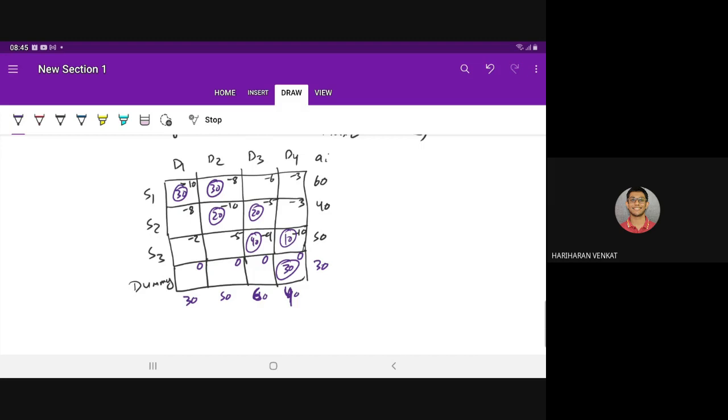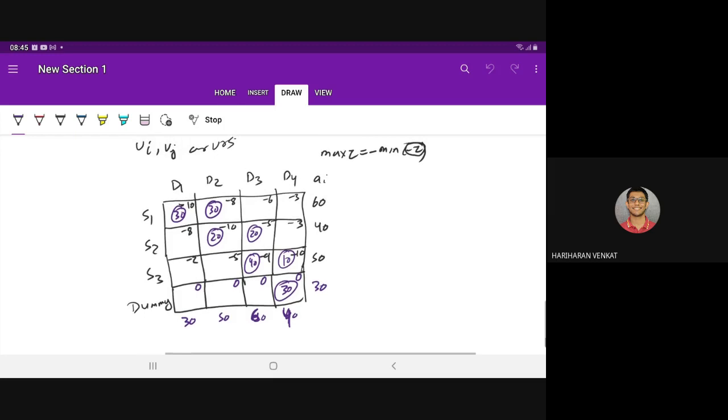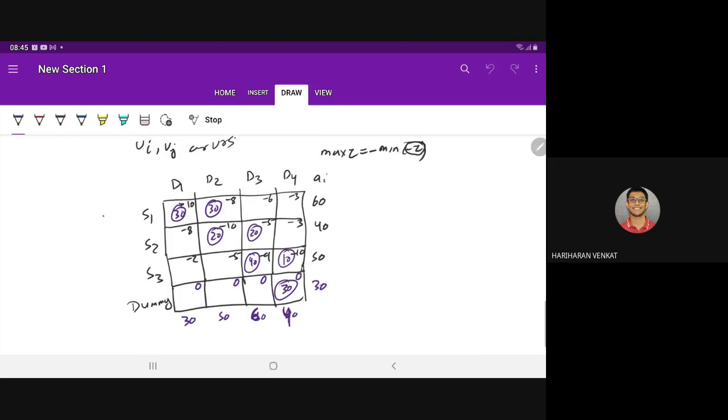Clear? Now you take the multipliers, u1 equal to 0, u2, u3, u4, v1, v2, v3, v4. So that you can do. I'm not going into that part.